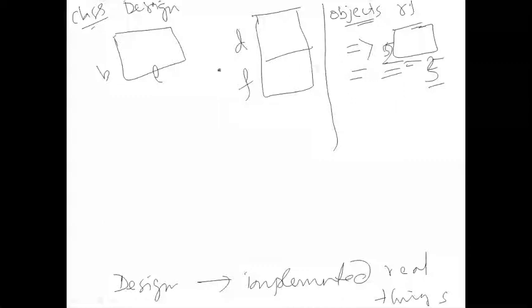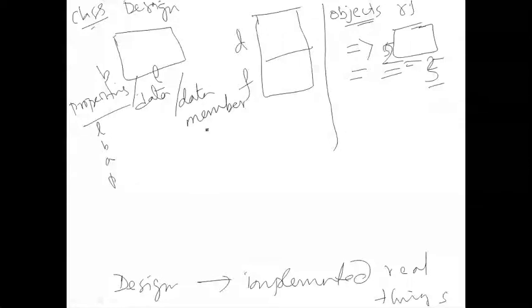So we call these things of the class properties. Suppose here length, breadth, area and perimeter, and sometimes we call them data, or in object oriented programming C++, we call them data members.